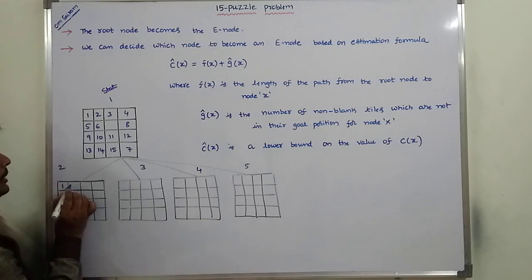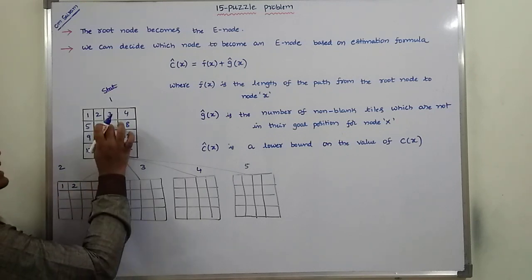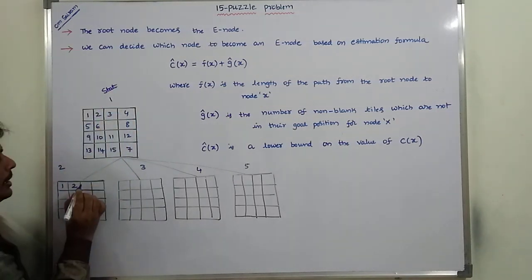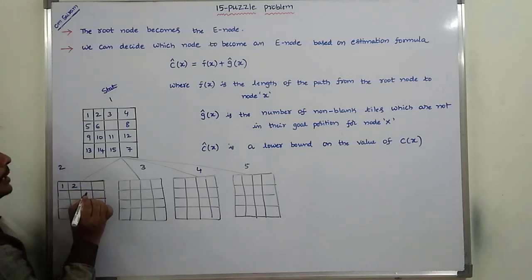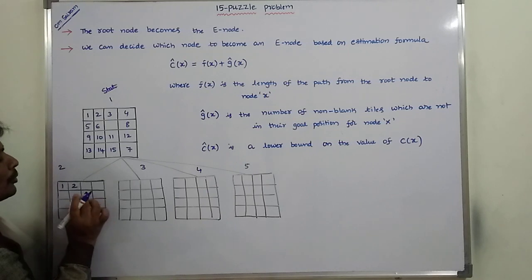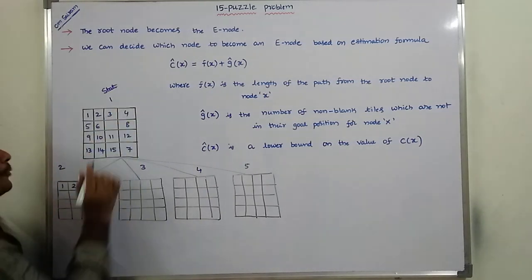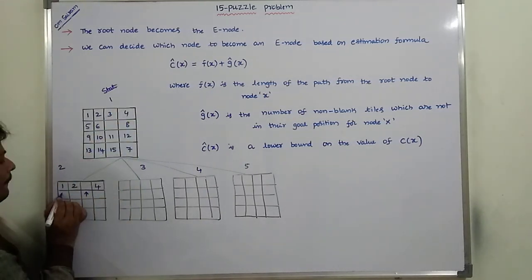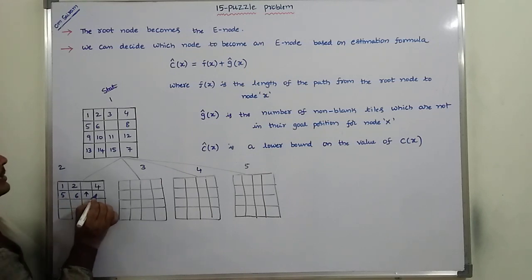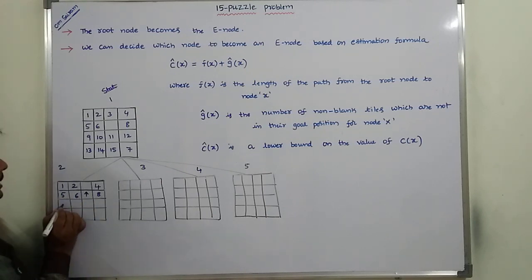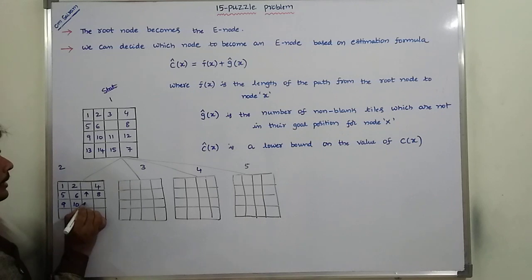That is 1, 2. This empty tile can move to this position, so this position is the vacant position. Now this empty tile can be moved to this position. Next, 4 is no change, and 5 and 6, this is 8. Next, 9, 10, 11, 12, 13, 14, 15, 7.